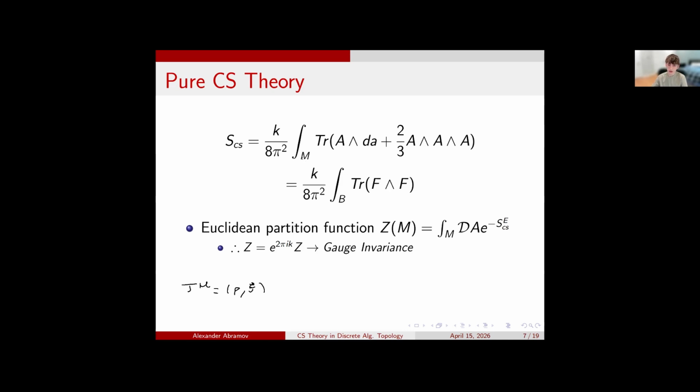Then these two equations, the one on the top and the one on the bottom, are the same exact thing, except the bottom one just uses F as the curvature. It's a pretty simple derivation: you just substitute dA plus A wedge A for F, and you get the same thing as above.